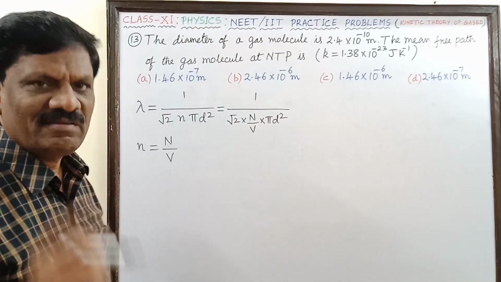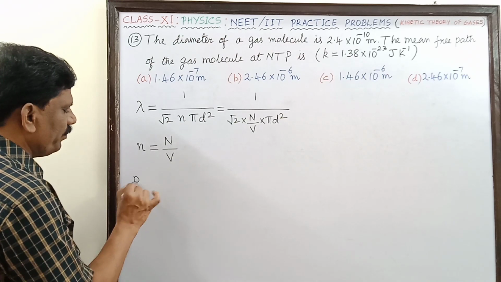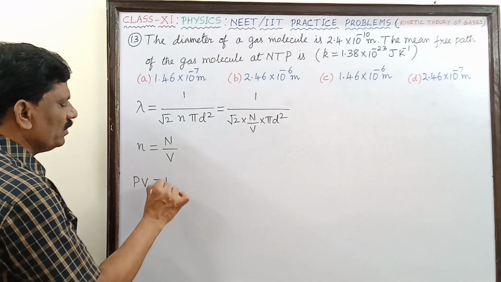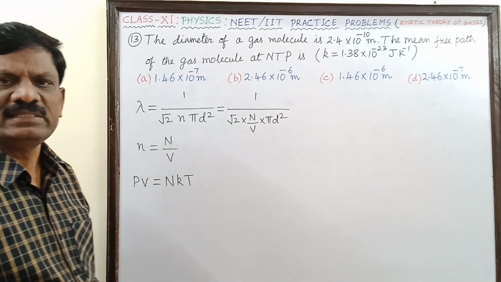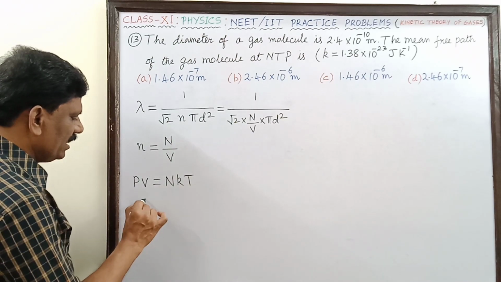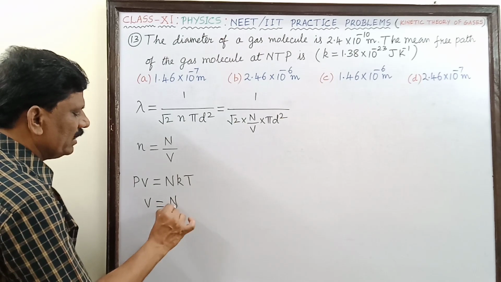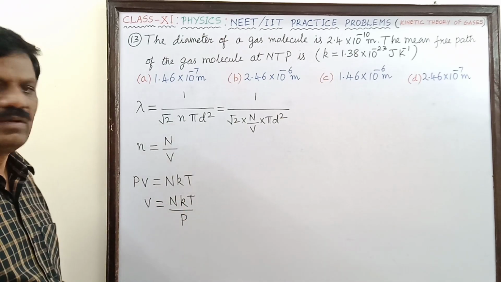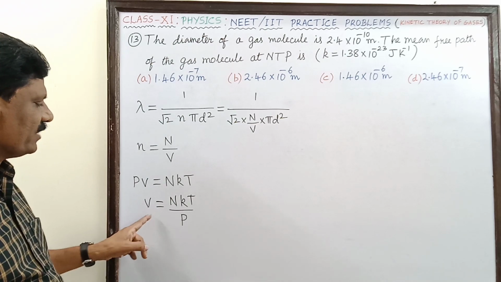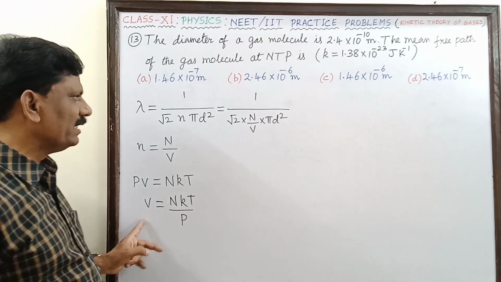Once again, from the ideal gas equation, PV is equal to NKT, or V is equal to NKT divided by P. So from the ideal gas equation, the volume can be substituted.